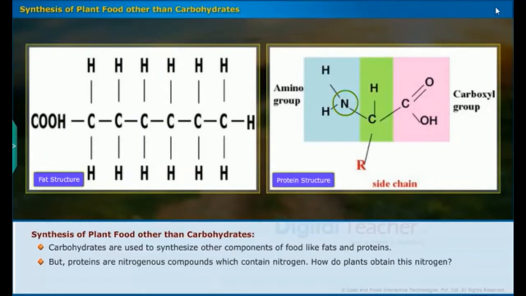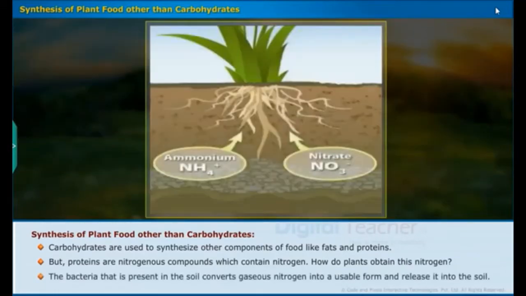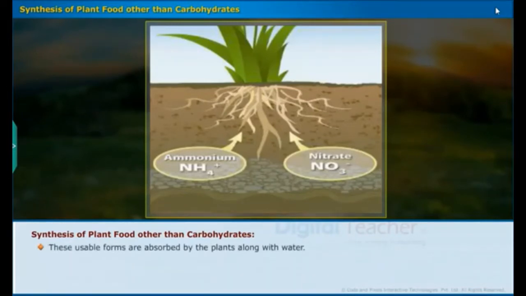How do plants obtain this nitrogen? The bacterium that is present in the soil converts gaseous nitrogen into a usable form and releases it into the soil. These usable forms are absorbed by the plants along with water.